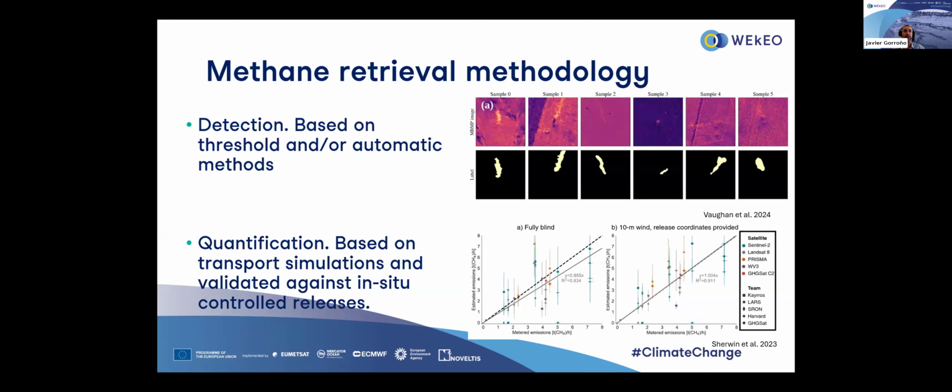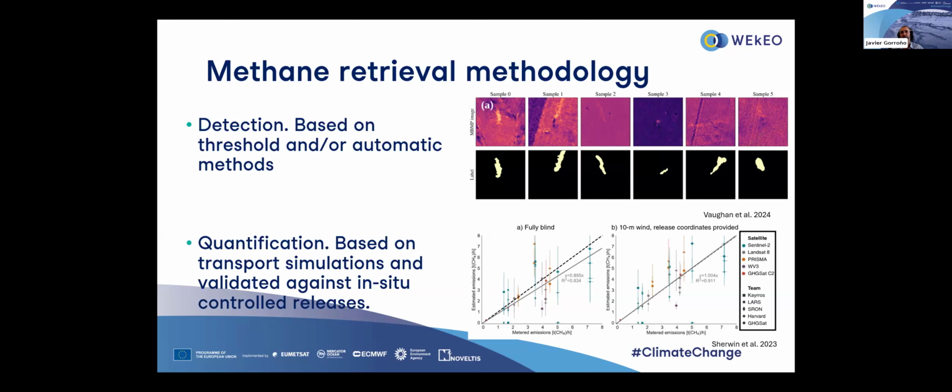The thing is that from that enhancement image, we get a detection, which, as I was saying before, can be based on a threshold or on automatic methods. For example, UNEP IMEO has developed in this example a whole algorithm based on machine learning that can automatically infer where you have the plume with quite good results, because doing it manually is very, very difficult.